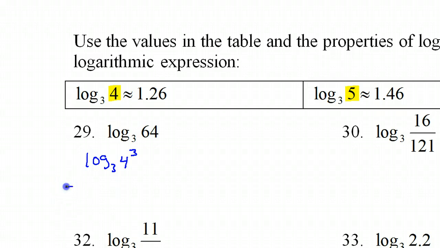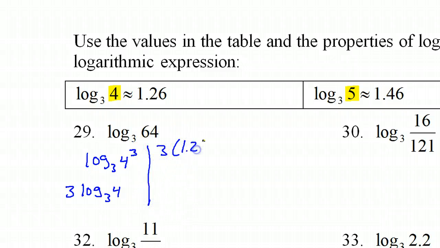So this would be the same thing as 3 times the log base 3 of 4. Now, we know that's 1.26, so this will be 3 times 1.26. And using your 4-function calculator, 3 times 1.26, that is 3.78.